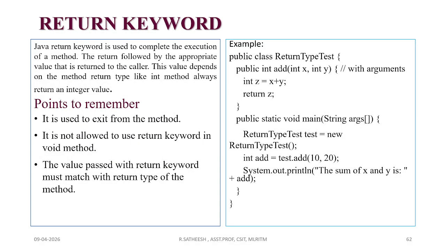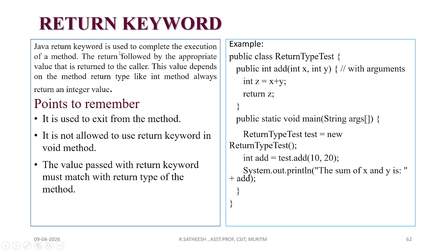And the return statement: you use return when the method is declared with int, float, char, string and so on. Based on that, you need to return the specified value. If you don't mention any return type, like void, it is not expecting any return value.